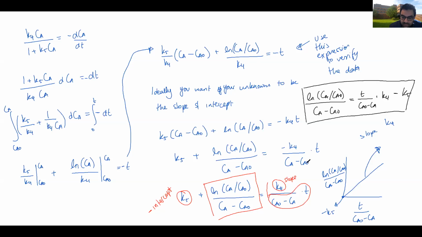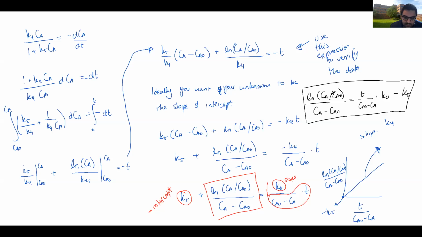And I just multiplied this minus by the denominator, so I got CA naught minus CA times T, and then I moved the K5 to the other side. So it looks fine.